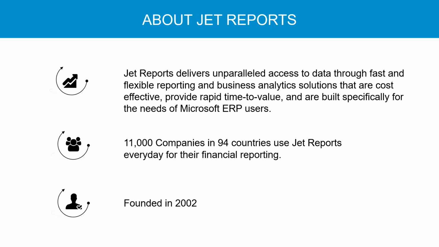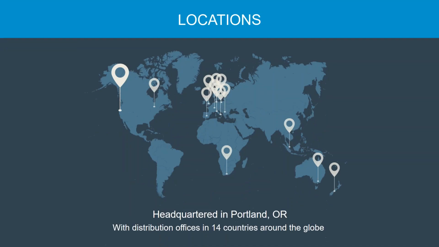Our ability to do that is why you see these great statistics on this slide. Over 11,000 companies using our product across 94 different countries. We've been in this marketplace for 15 years and counting, so we've got a lot of great experience. We have locations all over the globe.